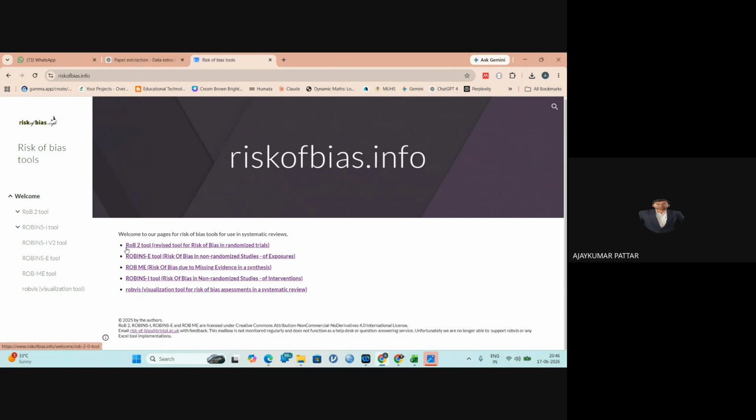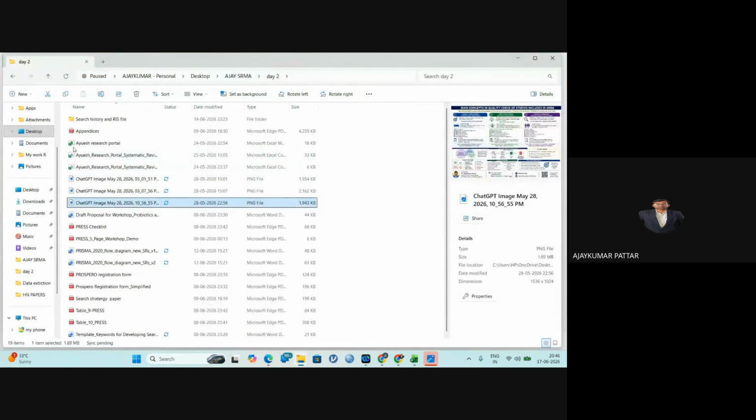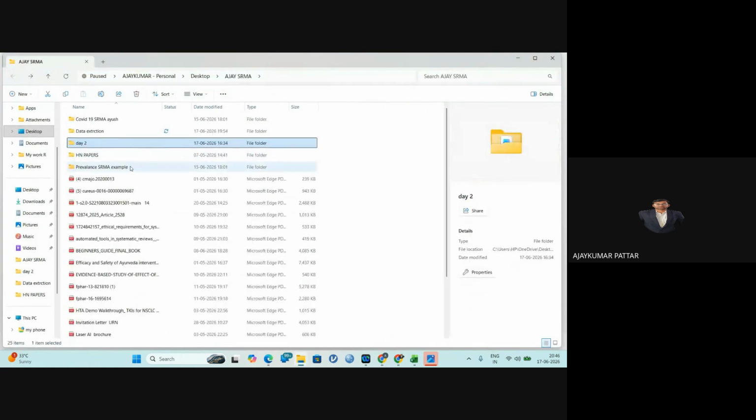So here can you see ROB 2 for the randomized trial. Many revisions are there, and these are freely available. For demo purposes, I have already downloaded one, this ROB 2 tool, and I have marked what should be mentioned there. So I will show that one.